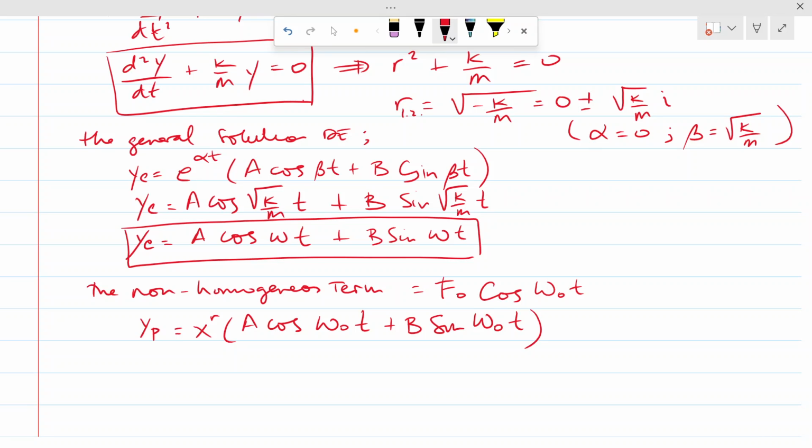So this is the general solution. So any function that involves cosine or sine t in this case.